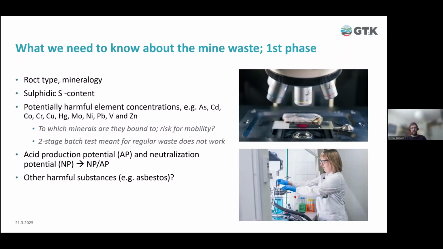Then you should assess the acid production potential and neutralization potential to see if the material is prone to produce acidic drainage. You could also check if there are other harmful substances like asbestos, which is quite common.